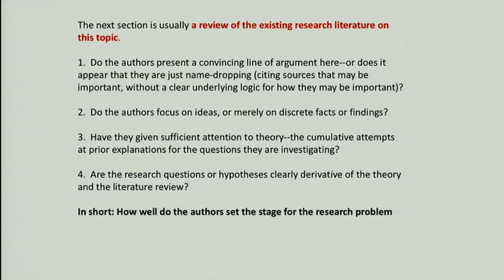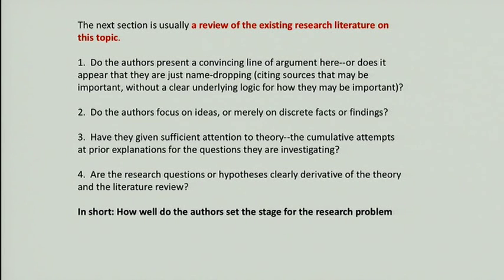Okay, so the next section is usually a review of existing research literature on this topic. This is done in two ways, either again in the introduction or you write a review paper. Okay?